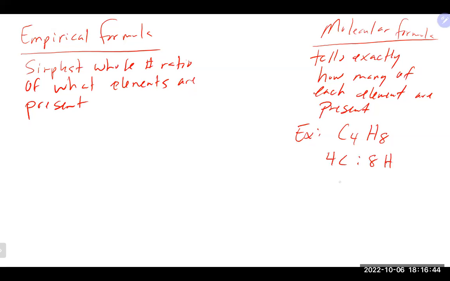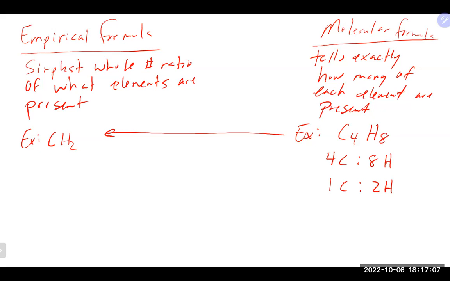That's also the same ratio as 1 carbon for every 2 hydrogens, which means if we wanted the empirical formula for this, it would be CH2. So it's always the simplest whole number ratio of what's present.